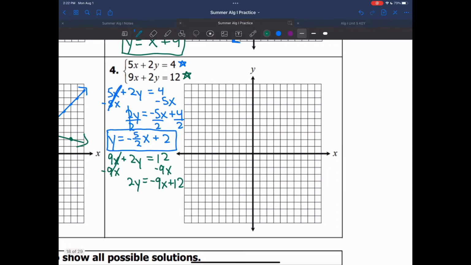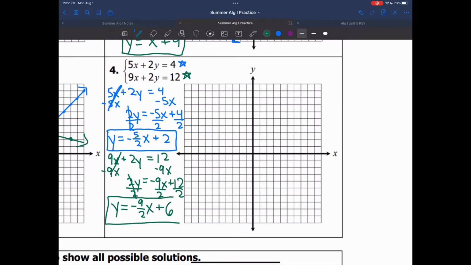And then we divide everything by 2. So those 2's are going to cancel. I'm going to get y equals, now negative 9 over 2, that doesn't simplify, so I leave it as negative 9 over 2. I pull the x out to the side, and then 12 divided by 2 is positive 6.